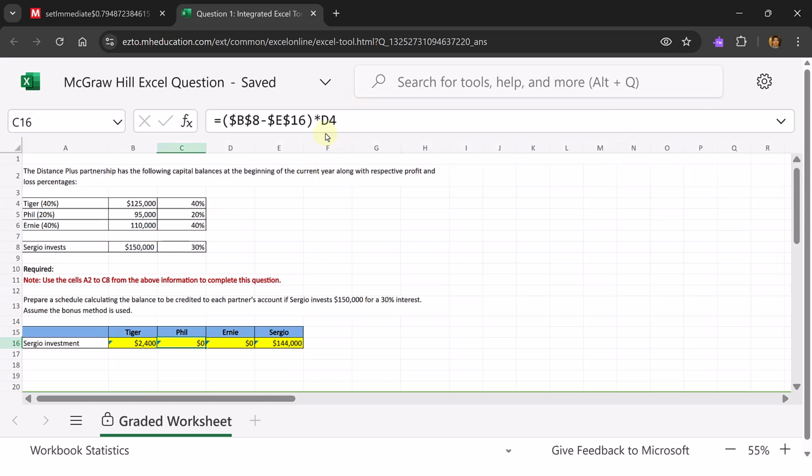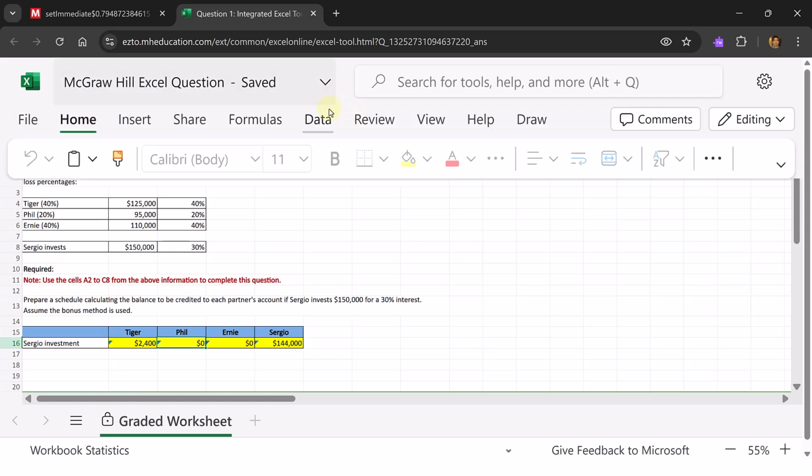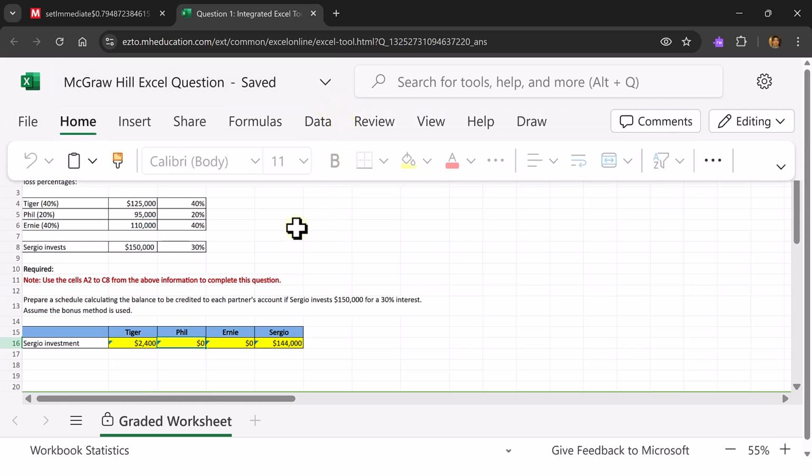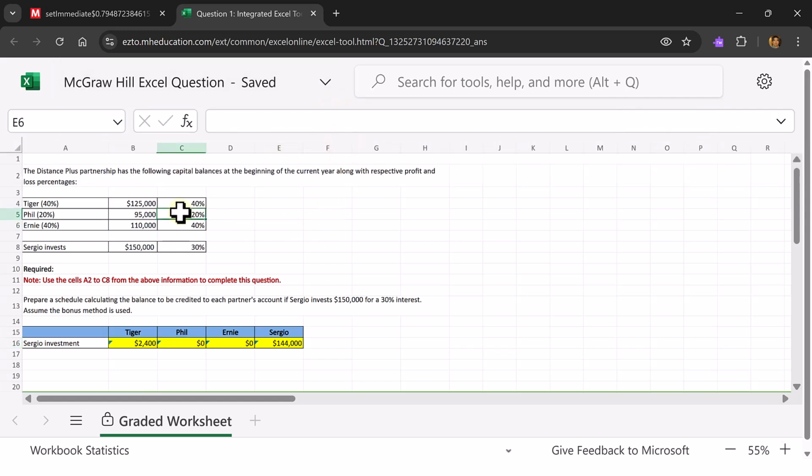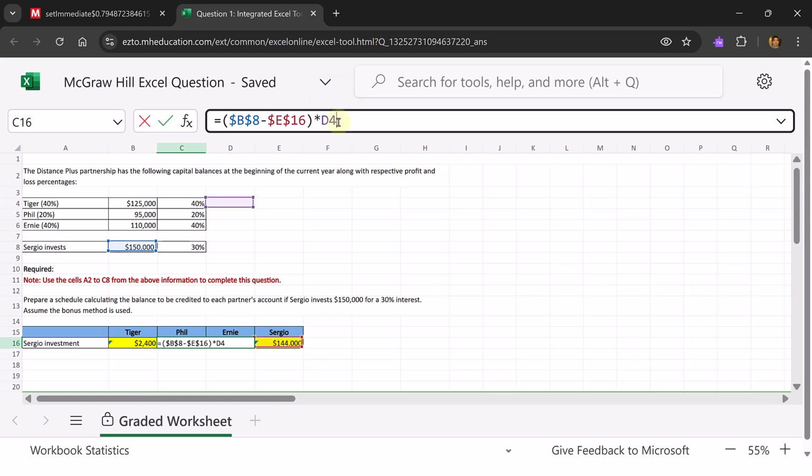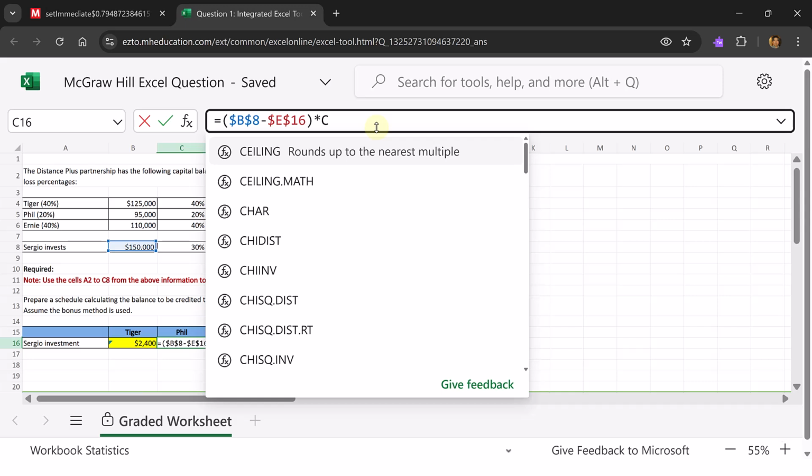This D4 here, that right? Should be D5, C5. Yeah. Wrong cell and wrong column. Right here. C5.